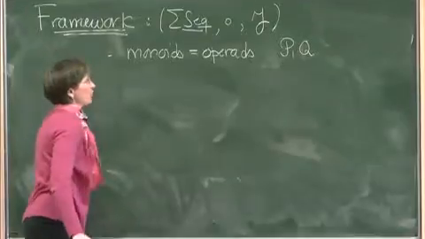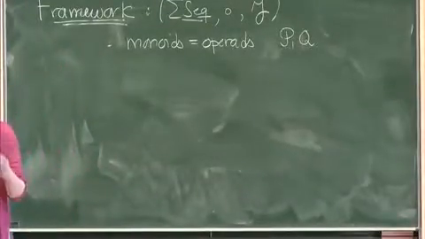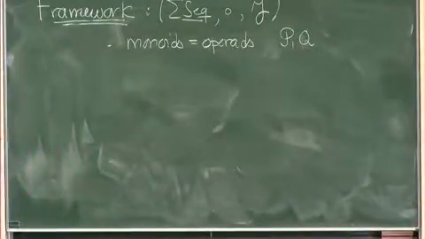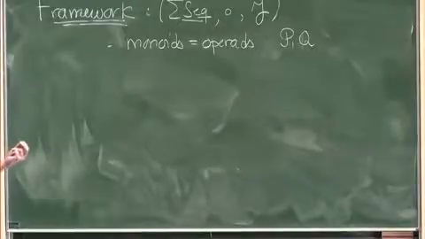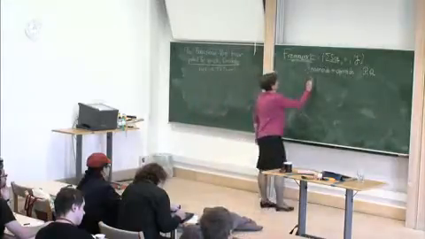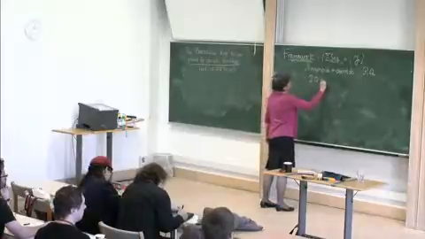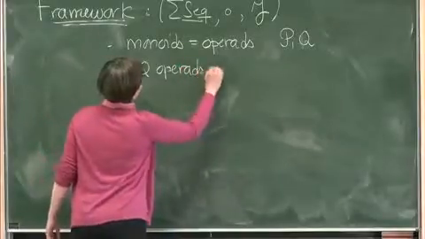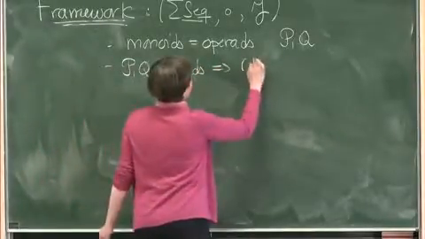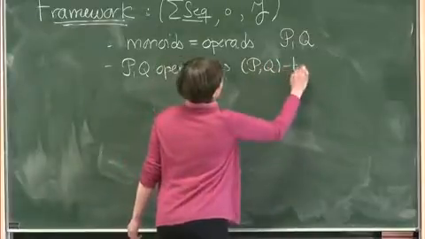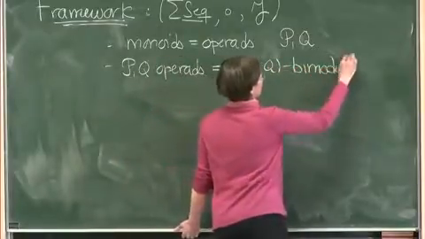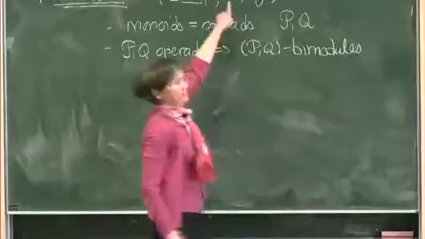And then if I have two operads, P and Q, I'm going to be interested in looking at P-Q bimodules with respect to this composition structure. So if P and Q are operads, then I can think about P-Q bimodules in this context.